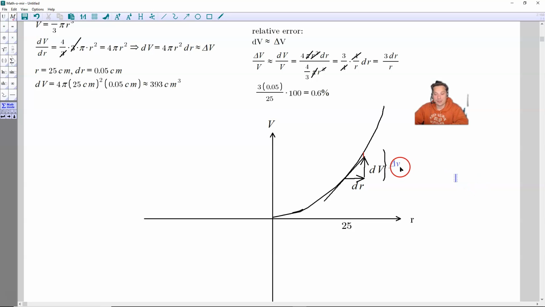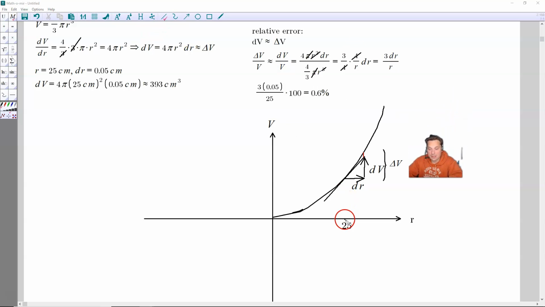And so what we are doing here then is the following. By doing this delta V over V and approximating it as dV over V, it's like saying that in the picture, I need to add one more piece of information. Say this right here is the V. That segment is V. So you see, because dV and delta V are very close in length, when you take dV and divide by V, delta V divided by V is well approximated by dV divided by V instead.